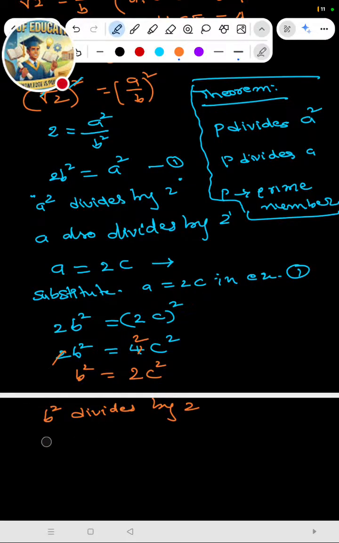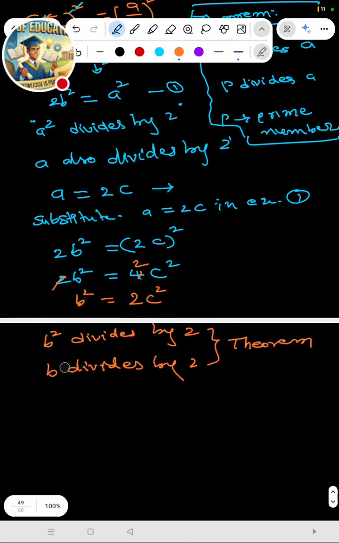In the same way b also divides by 2, by the theorem. So by the above information, b is divisible by 2 and a is divisible by 2.